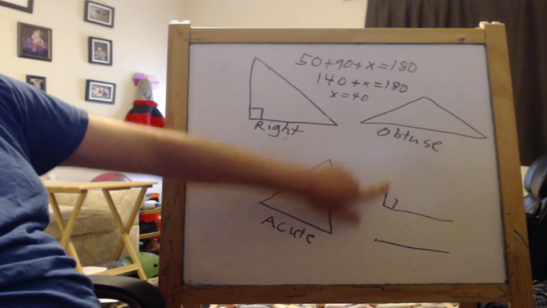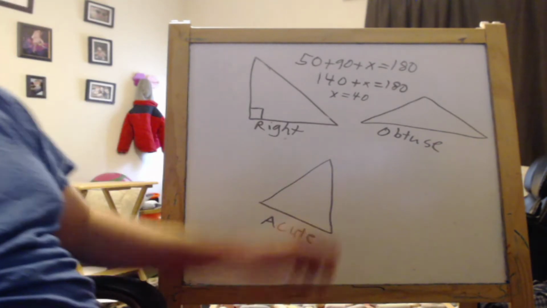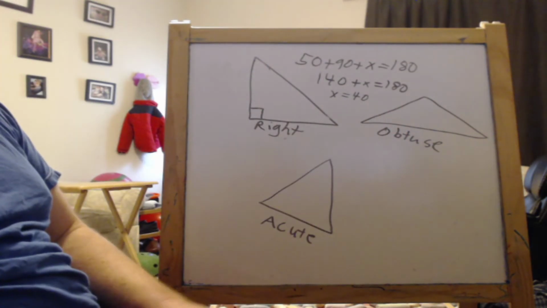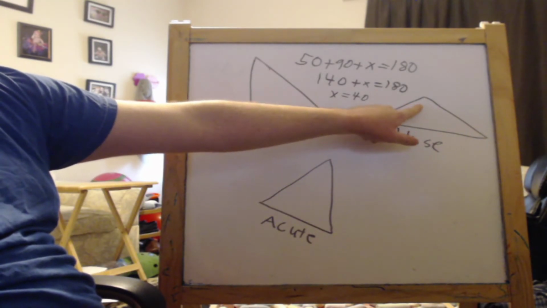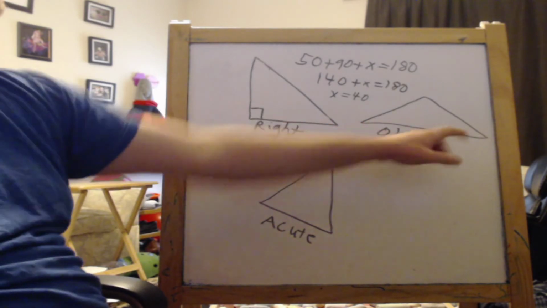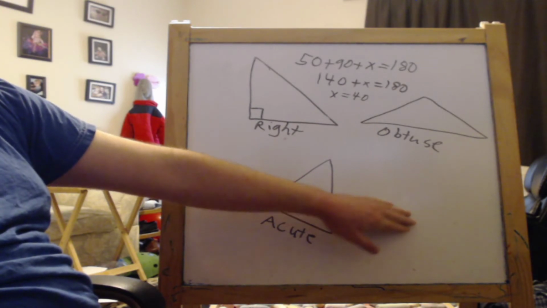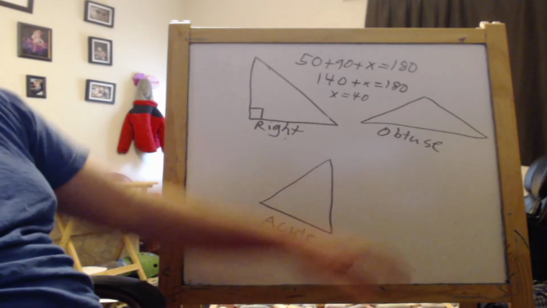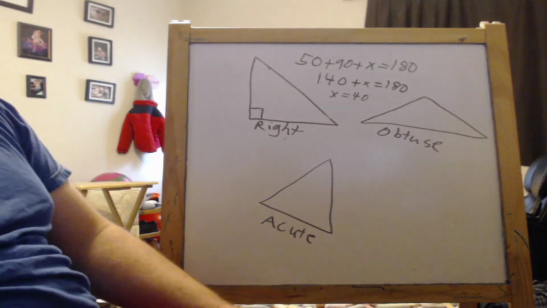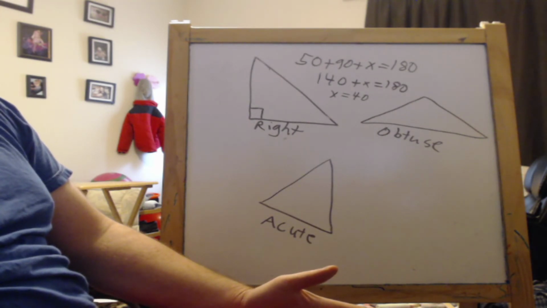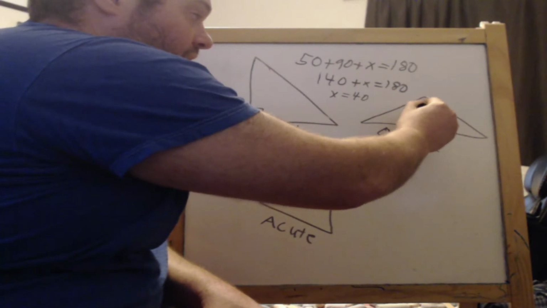So a triangle, remember, all three of these triangles, the three angles or vertices add up to 180. So an obtuse triangle has one obtuse angle, and then two acute angles. Because it would be the same problem with trying to do two right angles, right? So if it has one obtuse angle, then the other two angles have to be smaller, right? So let's just say that this angle right here is equal to 110.